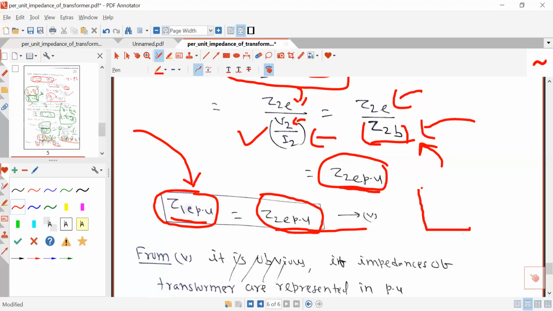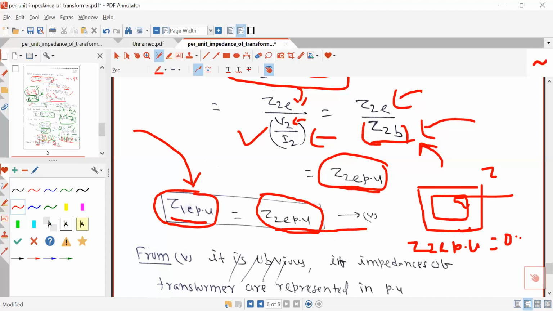So if this is a transformer and its per unit impedance referred to the secondary, Z2E per unit, is known, for example 0.1 per unit, and the question is what will be the total impedance referred to the primary, then the answer will be 0.1 per unit.